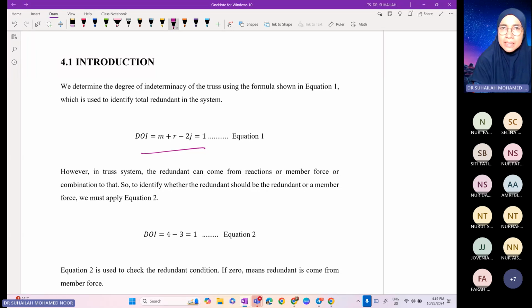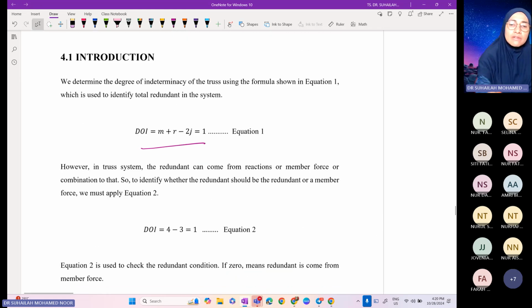So in some cases where the redundant comes from member force, the reaction is 3 already. So we cannot remove 1 from the reaction, because with two reactions at the support, the system is unstable. So we must make sure that the truss system is stable and determinate, and we must retain at least 3 unknown reactions from the support.